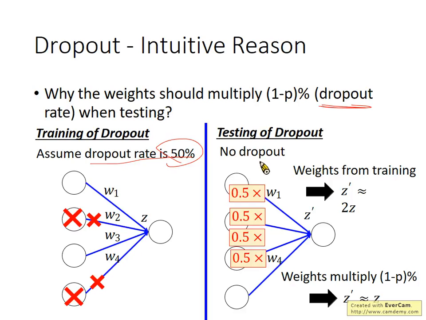When testing, we don't do dropout, so we need to multiply by 1 minus p% to compensate. Actually, there is some mathematical derivation to prove that this weight adjustment is important.